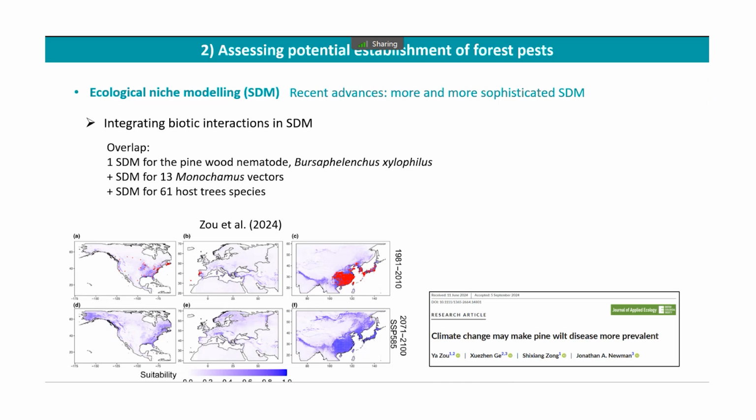So some authors, Zhu et al., published a paper last year where they developed one species distribution model for the pinewood nematode, one for each of the 13 Monochamus vectors all around the world, and one for each of the 61 pine species, and then they overlap everything.